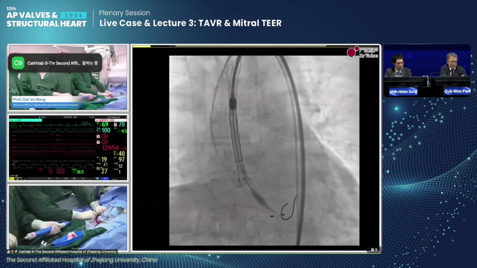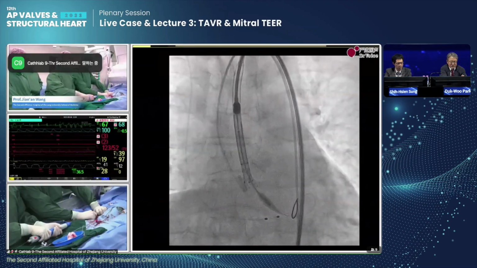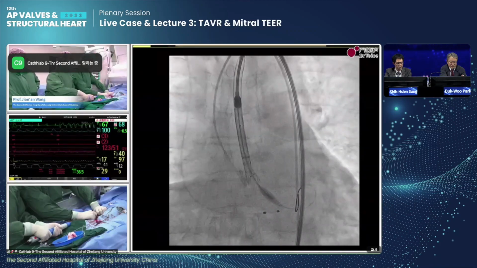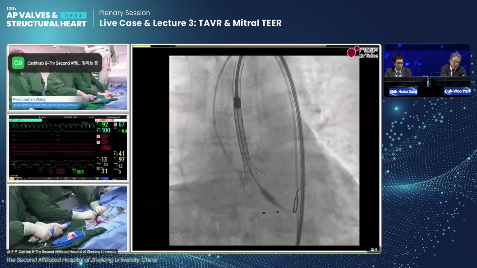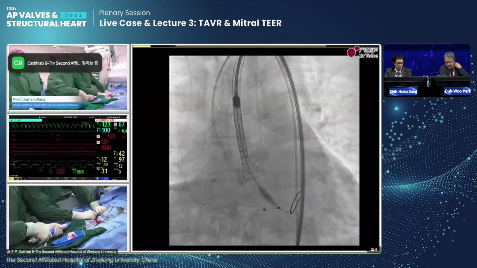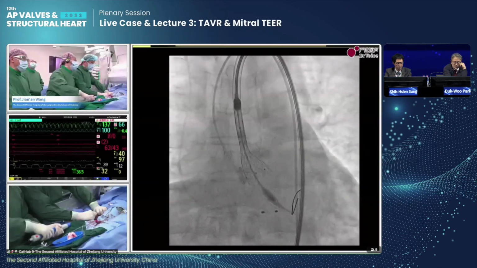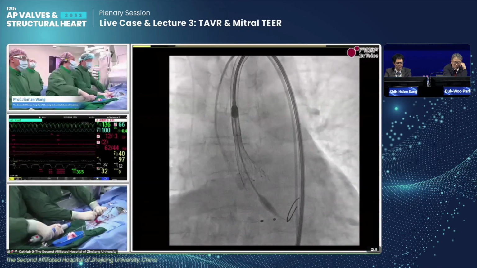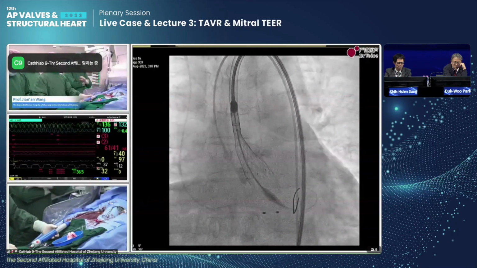Good. Continue releasing. This is the cusp overlap high implantation technique. A little bit deep. Good, stop pacing.